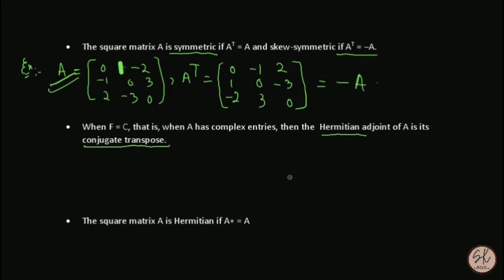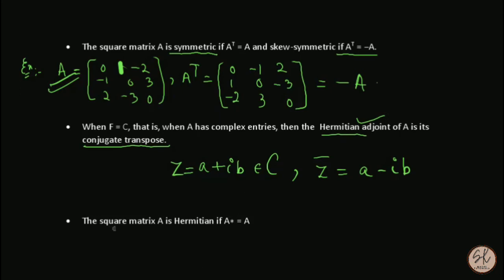If a complex number is Z equal to a plus ib, then its conjugate Z bar is equal to a minus ib, isn't it? So the transpose of the conjugate is said to be the Hermitian adjoint.